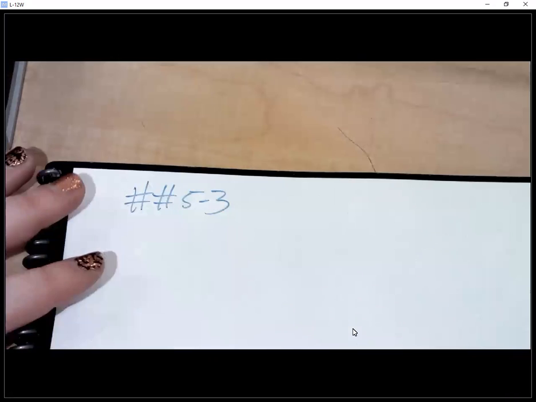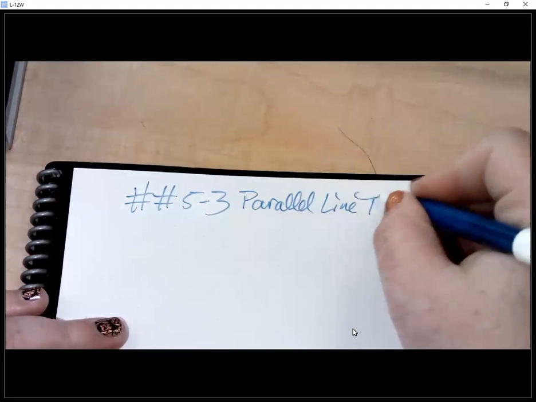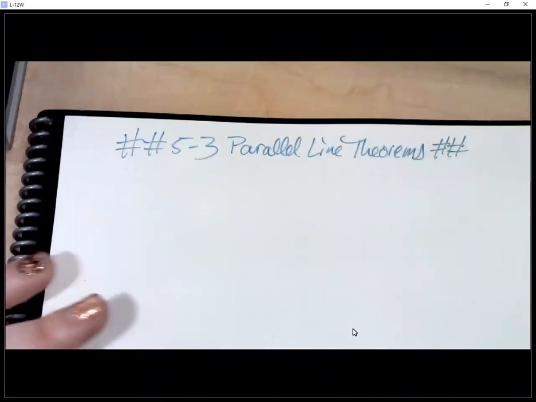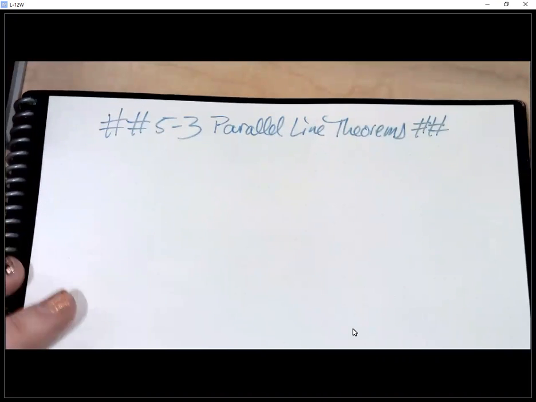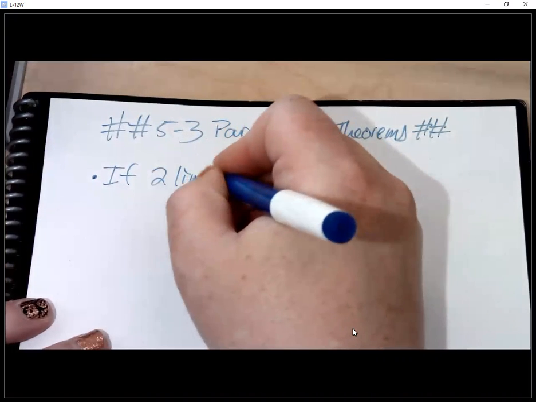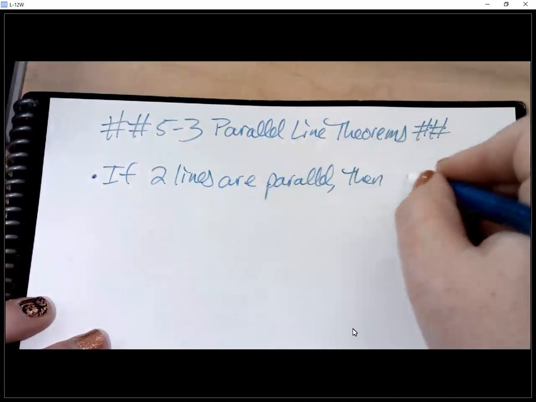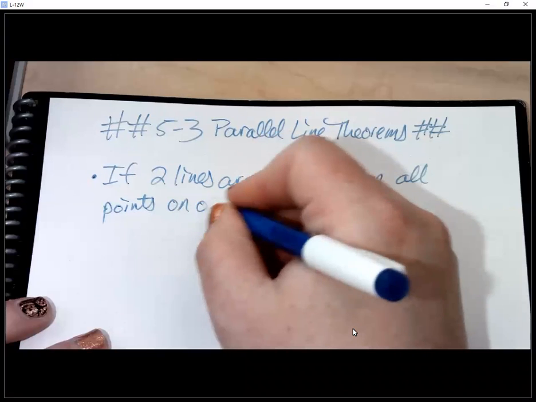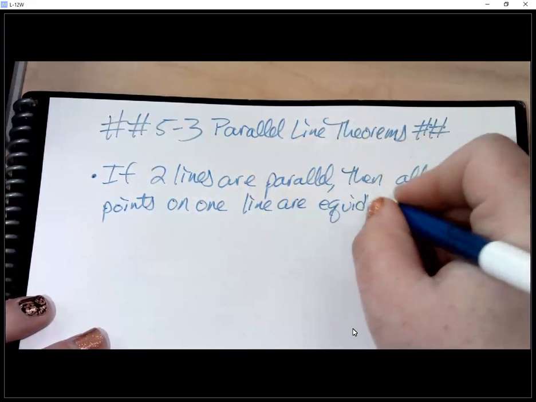So these are parallel line theorems. Okay, so the first one that we're going to look at says if two lines are parallel, then all points on one line are equidistant from the other line.